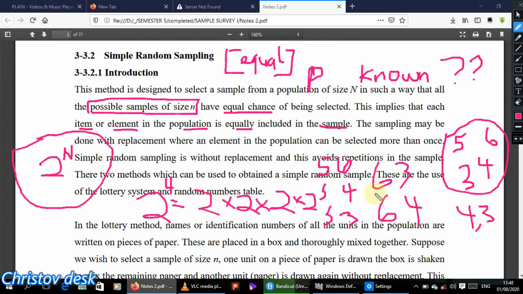I think you get that if you are doing it with replacement. When you turn them around, it also affects everything.